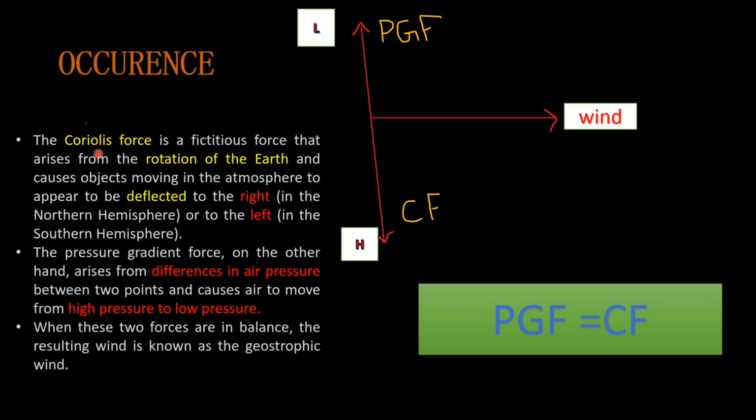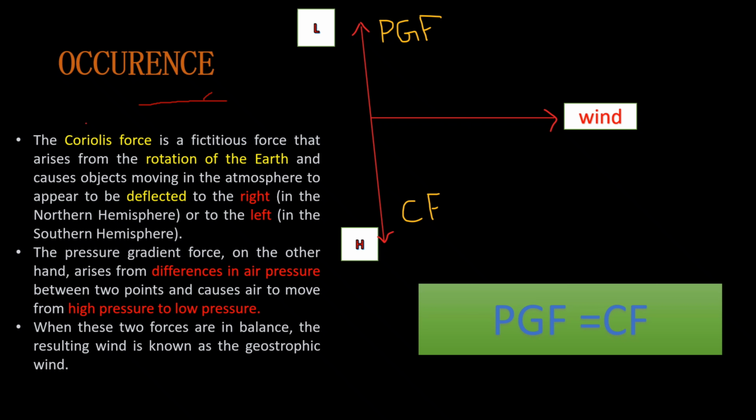The Coriolis force occurs due to the rotation of the earth, which causes objects moving in the atmosphere to appear to be deflected. The moving objects in the atmosphere, that means wind or any other, appear to be deflected.